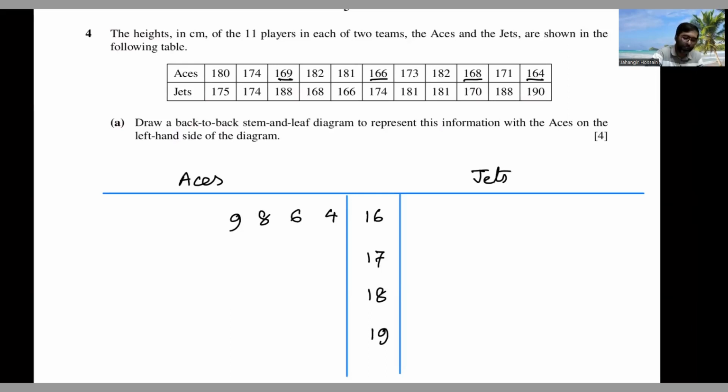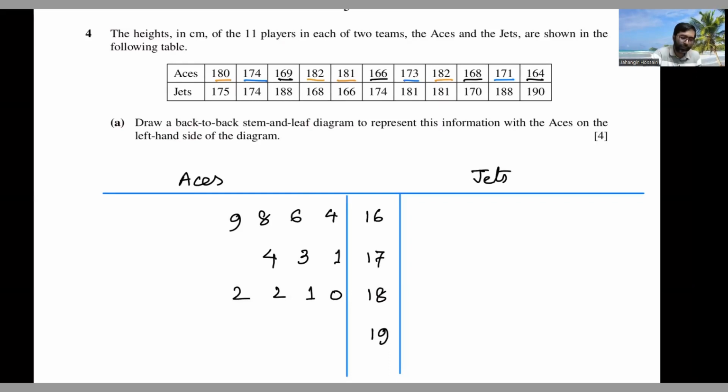In the 17s we have 171, 173, 174, so 1, 3, 4. And the 18s, it is 182, so 2, and so on. There are 11 values for Aces.